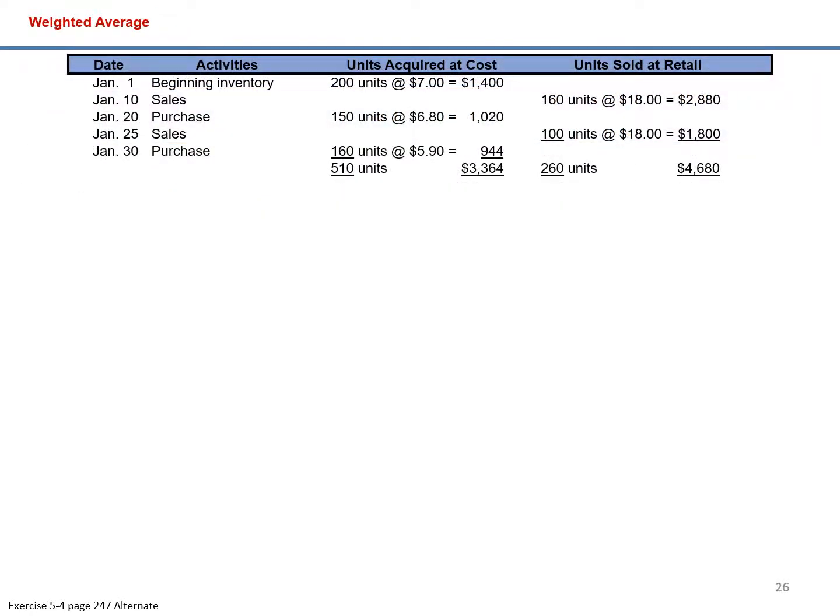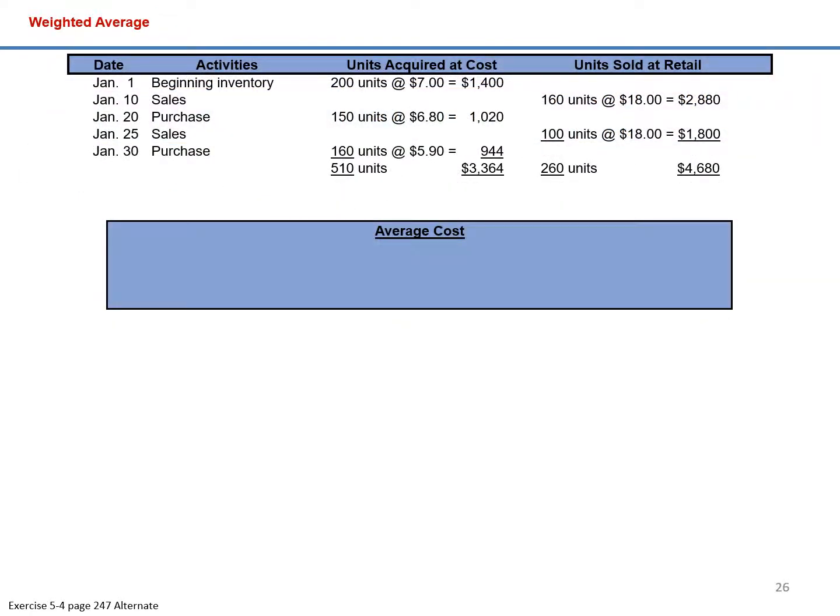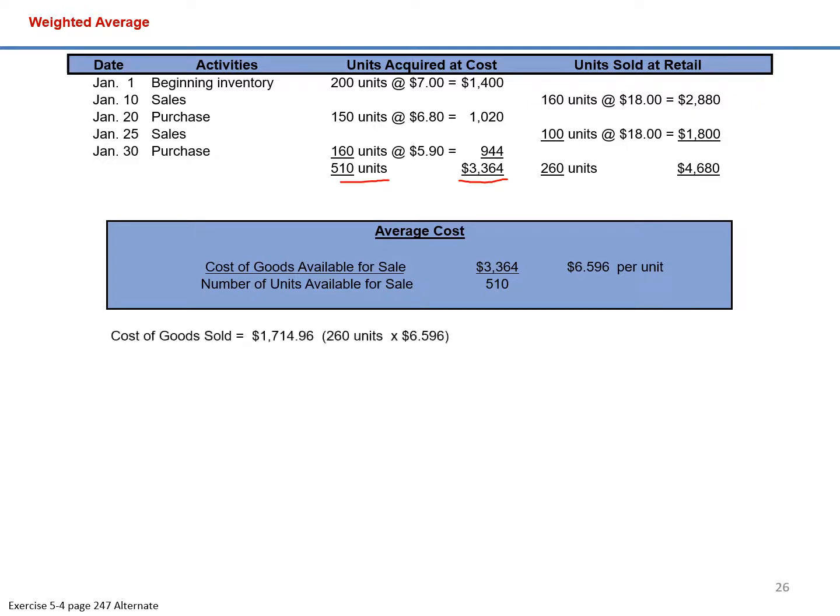Okay, so under weighted average, first we have to compute our average cost. So if you take your 3,364 divided by your 510 units, we get an average cost of $6.596, right?